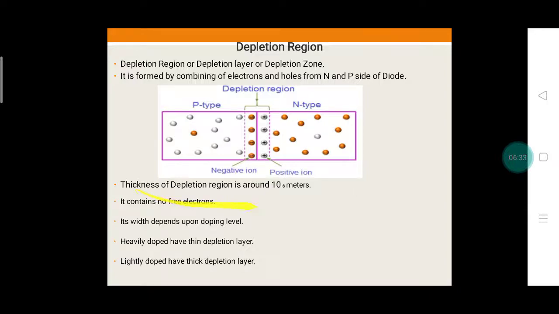The thickness of the depletion region is around 10 raised to the power minus 6 meters, and in this region there are no free electrons. Its width depends upon the type of doping. Heavily doped materials have a thin depletion region, and lightly doped materials have a thick depletion region.